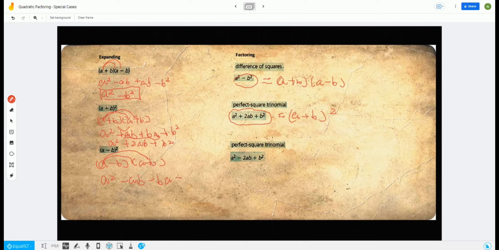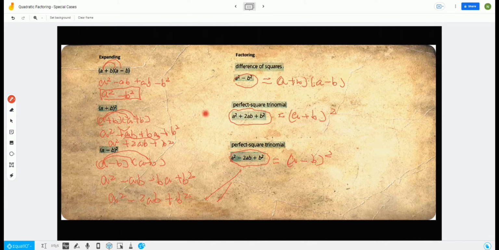For the opposite direction, a squared minus 2ab plus b squared should equal a minus b squared. Sorry, I said a plus b at first, it should be a minus b. So we have the perfect square and difference of squares formulas, and we can do the factoring.